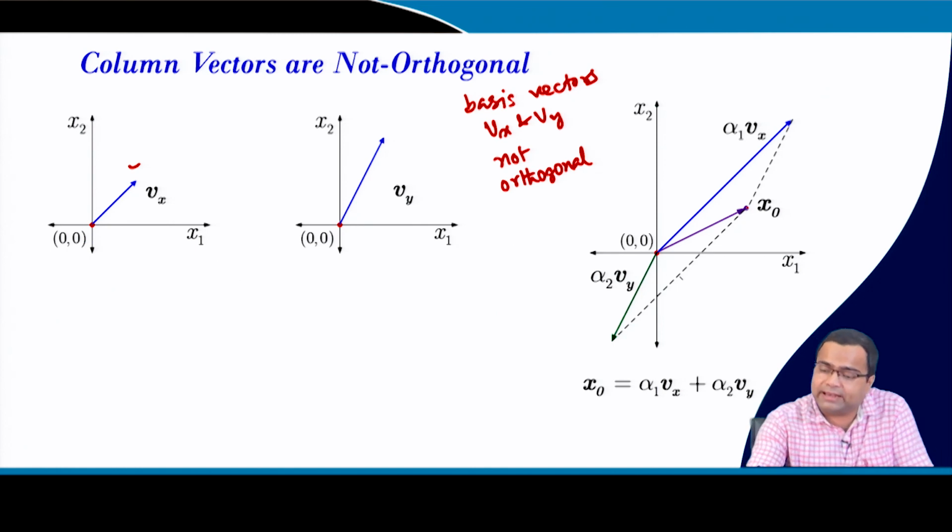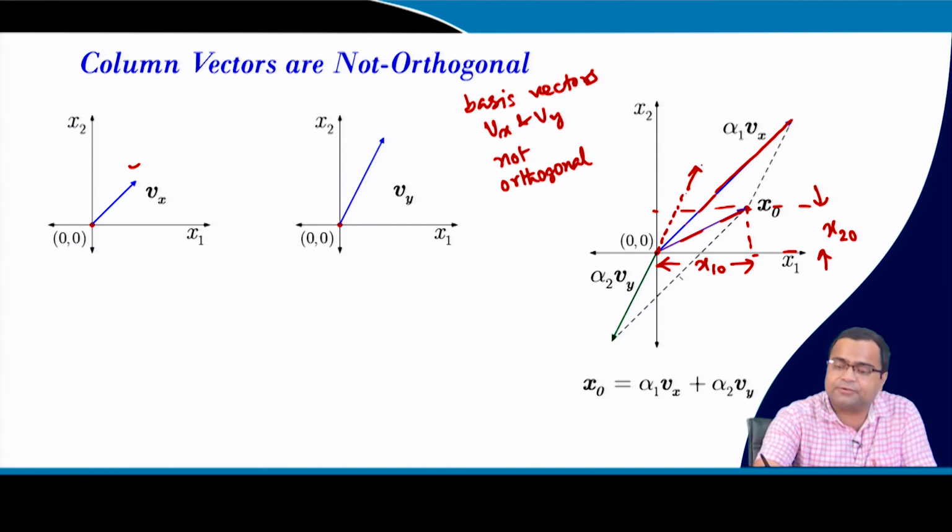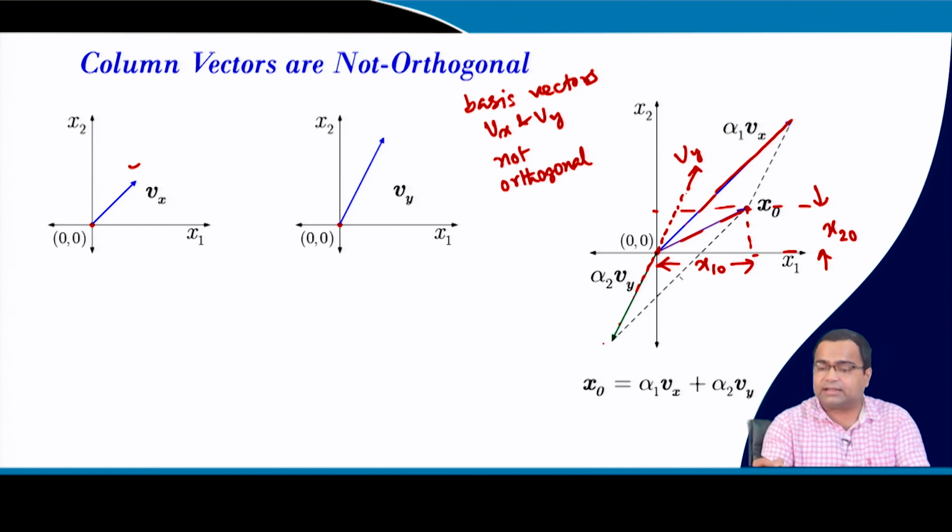Now, if I again take an initial condition which has a distance, let us say x1 0 from here and a distance x2 0 from here, the resultant vector can be mapped by scaling Vx by alpha 1, and the vector Vy we can span in the negative direction, so that this plus this will give you x0.